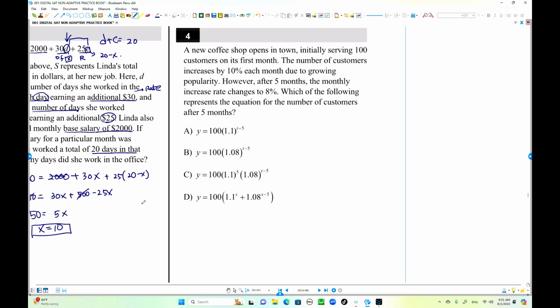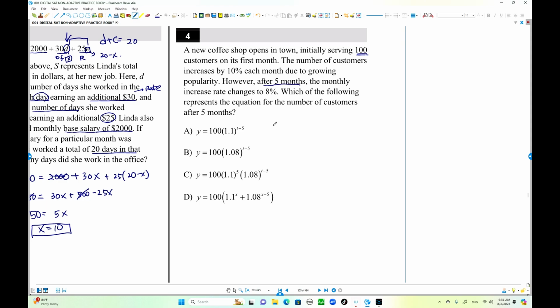The number 4, okay, a new coffee shop opens in town, initially serving 100 customers. Okay, there were 100 customers in the first month. The number of customers increased by 10% each month. Okay, 10%.